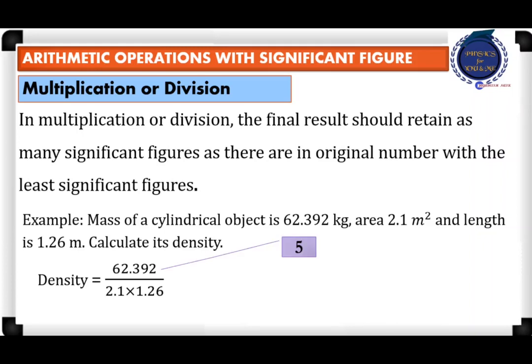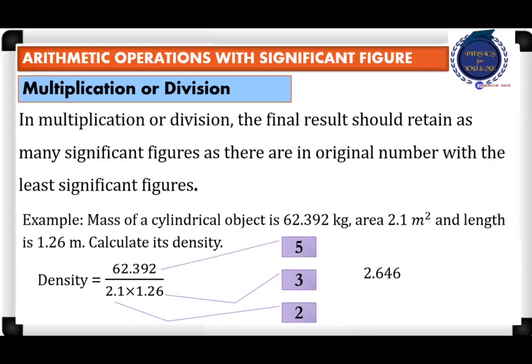The number of significant figures in the length is 3. And the number of significant figures in the area is 2. If we use the calculator, we can find the answer, which is equal to 2.646. But here we have to write the answer with the correct number of significant figures.